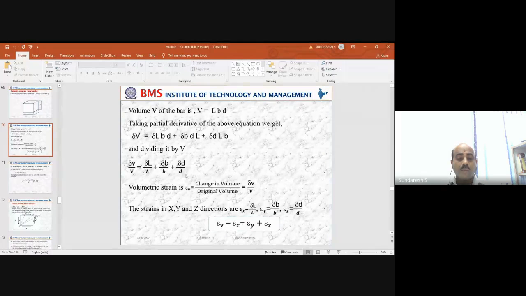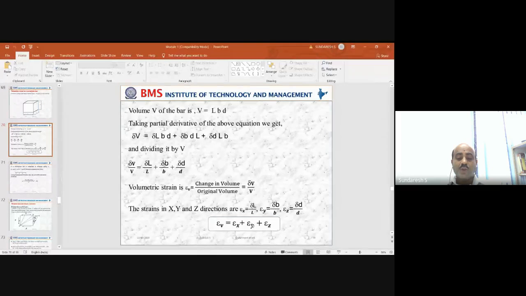So what happens? This entire expression can be expressed in terms of strain, which we get as epsilon V is equal to epsilon X plus epsilon Y plus epsilon Z. This is a very important relationship for us.